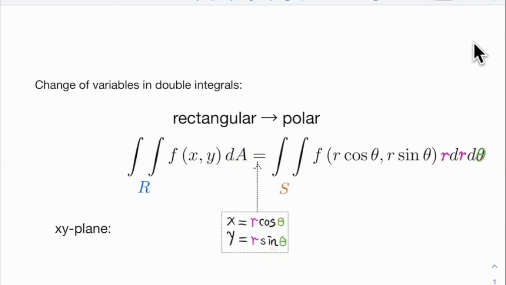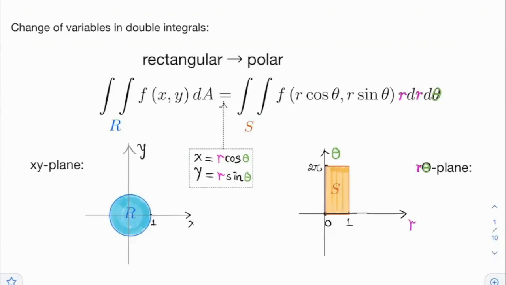When we do this double integral over a region on the xy plane, that corresponds to this double integral over a region in the r theta plane. For example, this region on the xy plane is a circle with its interior, and we can see that r in this case goes from 0 to 1, and theta goes from 0 to 2 pi.